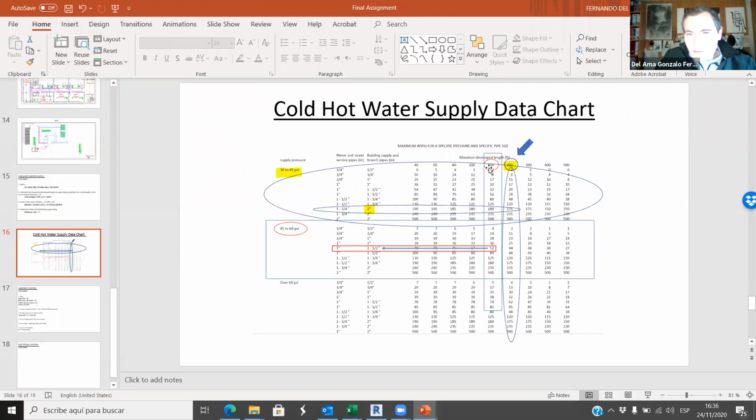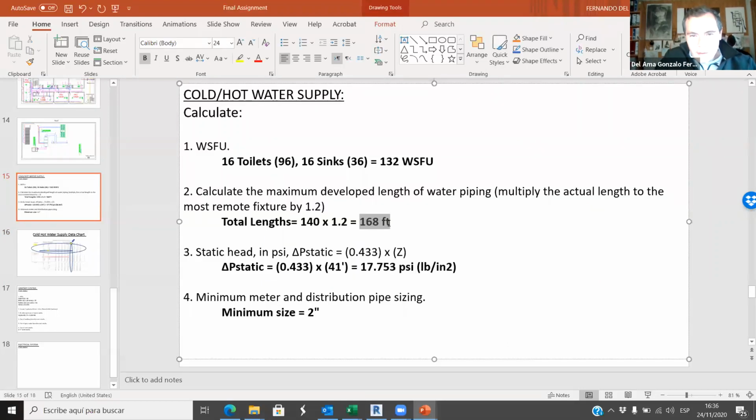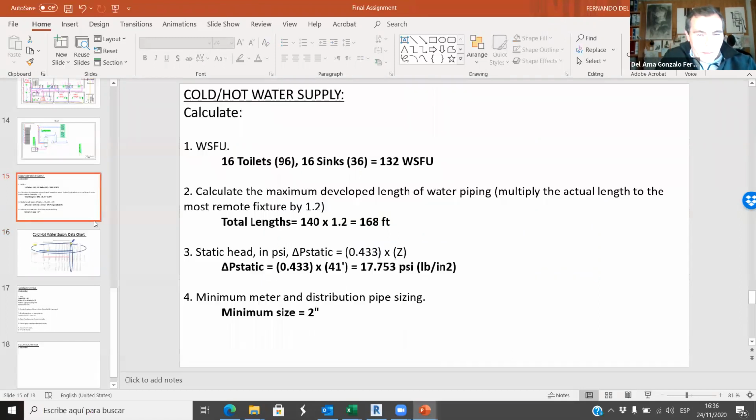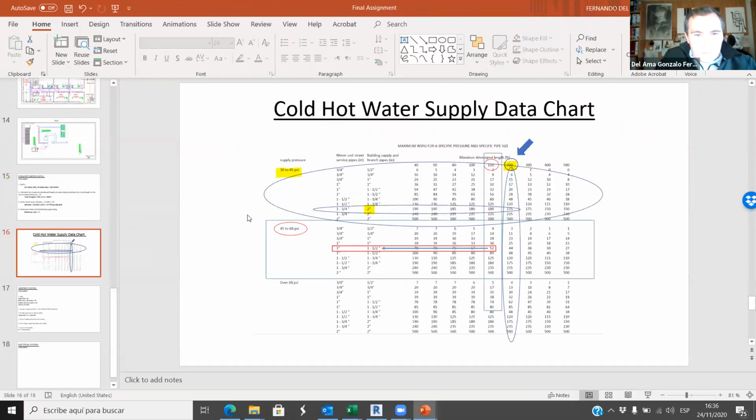So the first one, the maximum developed length, it's 168. So it's more than 150, so it has to be 200. So we are in this column. Then the supply pressure is 30 to 45. Yeah, so it's 30 to 45.